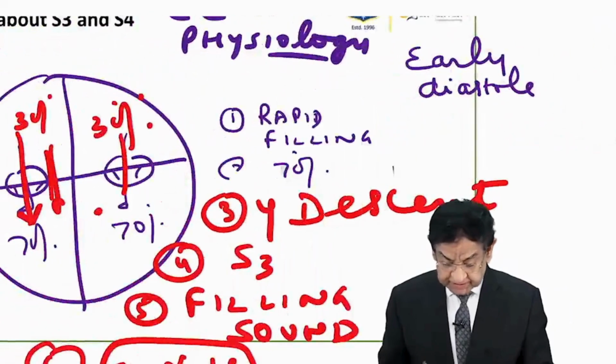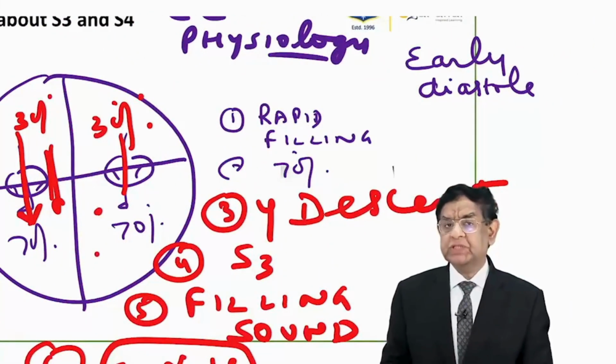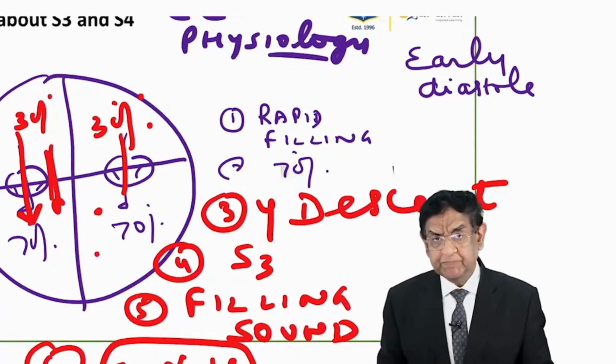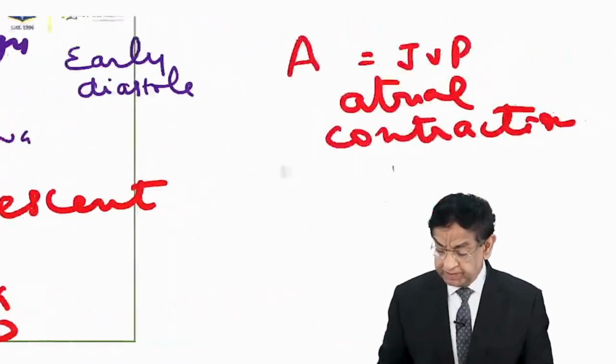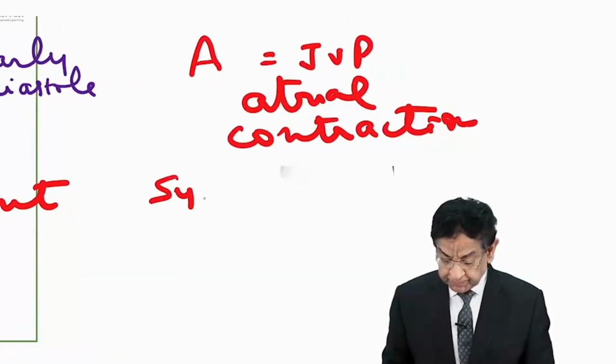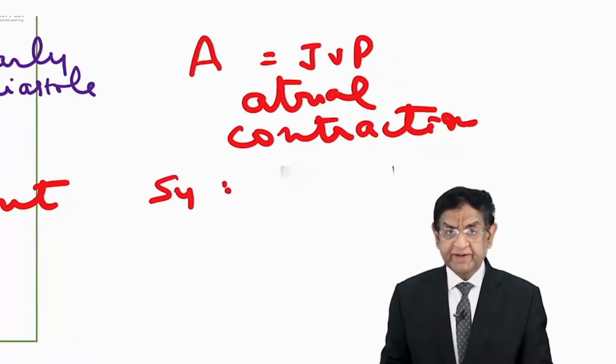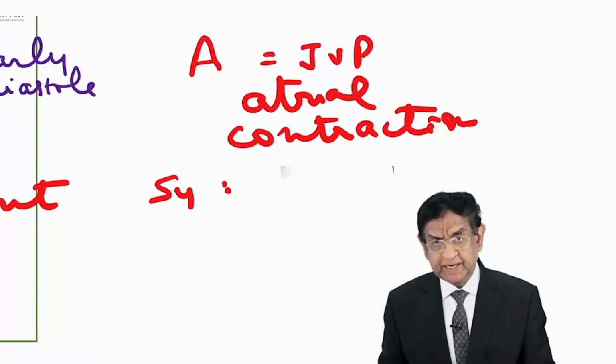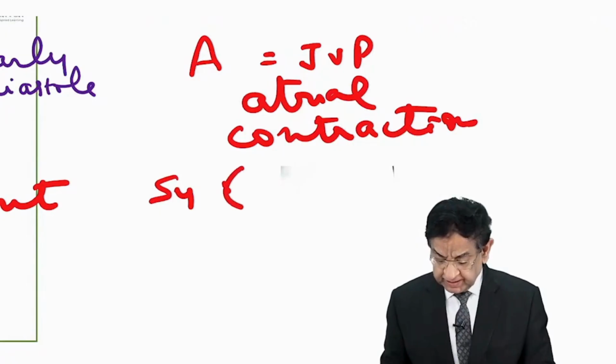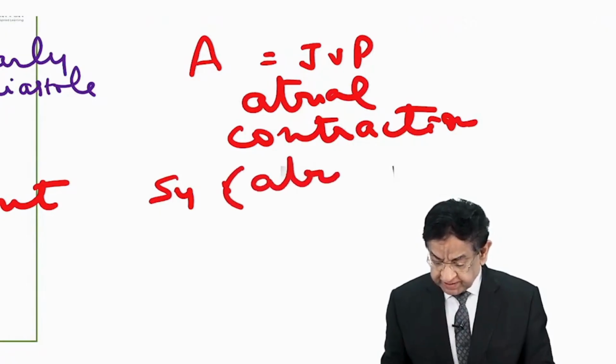Now on the left side, no sound is produced. But if a sound has to be produced, it will be S4. So S4 and the A wave are both produced due to atrial contraction. That's why this is also known as atrial kick.